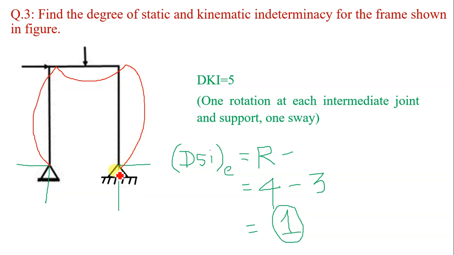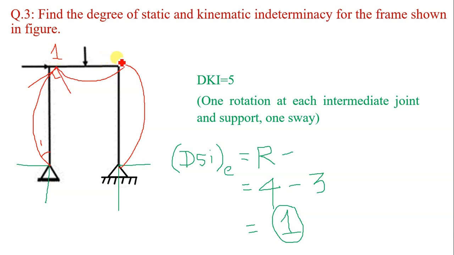So how many unknown joint displacements are there? First, one rotation at this support. So this is one. Then this joint rotates as a whole. If you draw tangents to the elastic curve, the angle between the tangents is equal to 90 degrees. Only one rotation is possible at this joint.